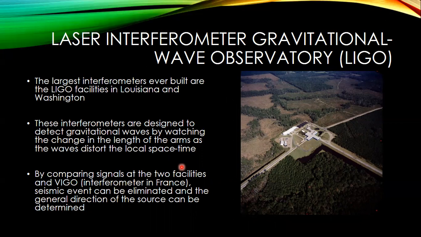But one of its biggest applications these days is actually in something called the Laser Interferometer Gravitational-Wave Observatory, or LIGO. LIGO is actually two different observatories in Louisiana and Washington. And unlike traditional observatories, which observe electromagnetic waves, LIGO observes gravitational waves.